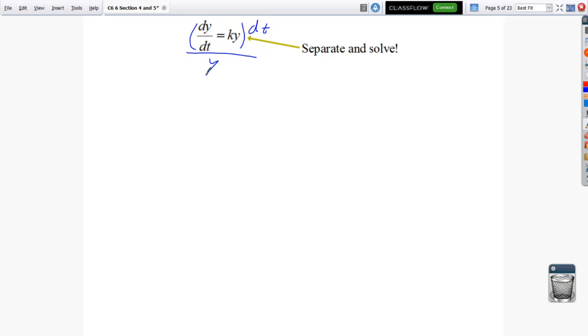So all of a sudden, I'm left with my separated differential equation of dy/y = k dt. Now keep in mind, k is just a number, so I do technically have my variables separated: all my y's on the left, all my t's on the right. I can now integrate on both sides to find, not my general solution yet, but on the way to my general solution.